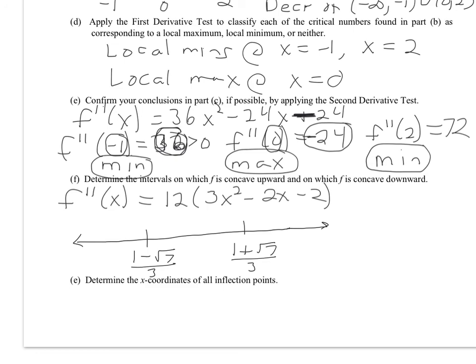And you can also fairly easily show that when x is to the right of 1 plus root 7 over 3, then f double prime of x is positive. When x is between those two roots, f double prime of x is negative, and then when x is to the left of 1 minus root 7 over 3, f double prime of x is back to being positive.